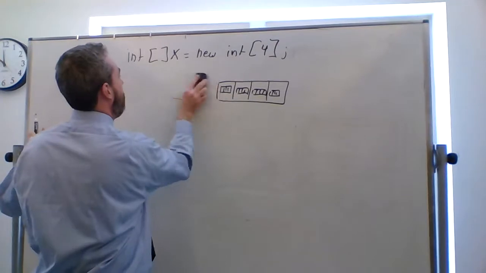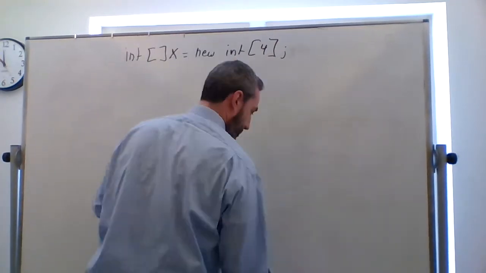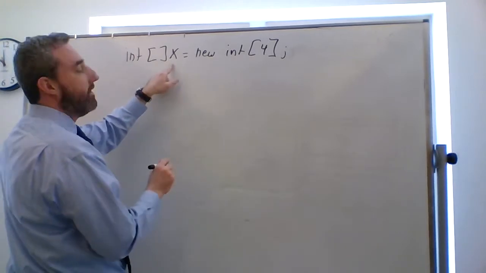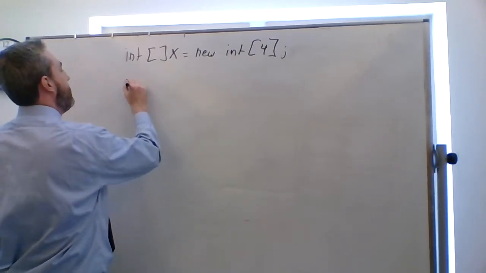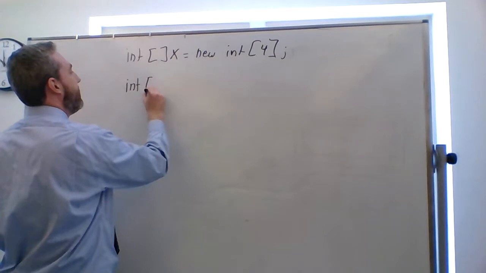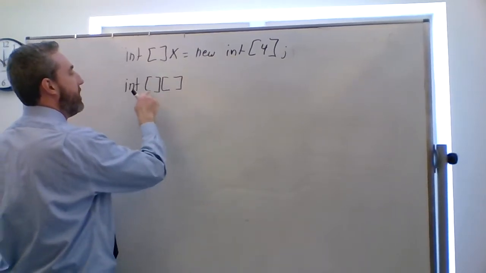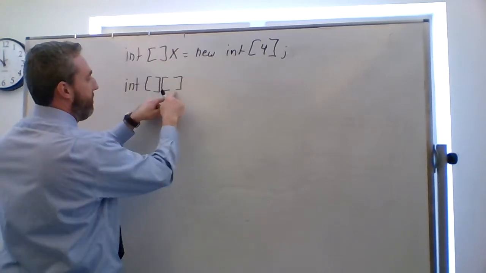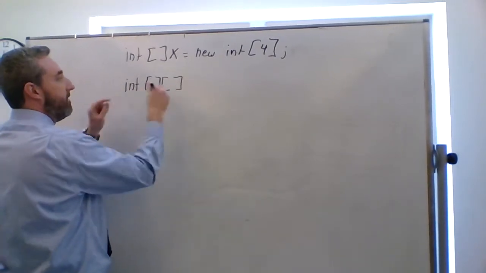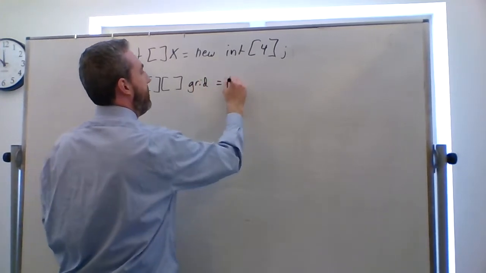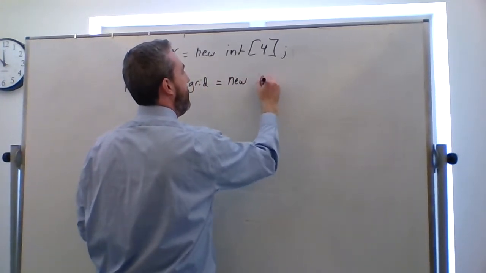So let's look at how this could be built. Instead of saying I'm going to make a single array, I'm just going to take these same square brackets and put them down twice. So now I'm making an array of arrays of ints. Let's call this my grid, and it equals new int array.